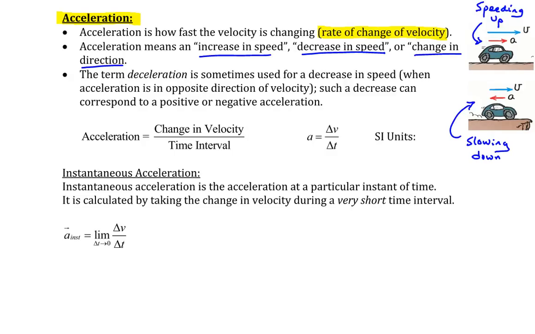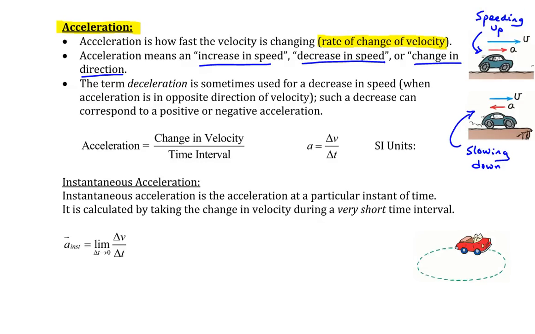Okay, so we know that if you increase your speed or decrease your speed, you're changing your velocity. But maybe you didn't know that if you were to go around a turn on a highway with a car at the same speed, you're actually accelerating. The reason you're accelerating while you're going around a corner at constant speed is because your direction is continuously changing.